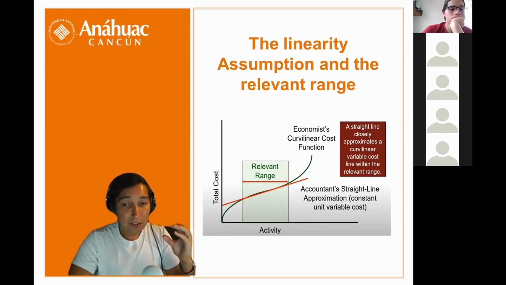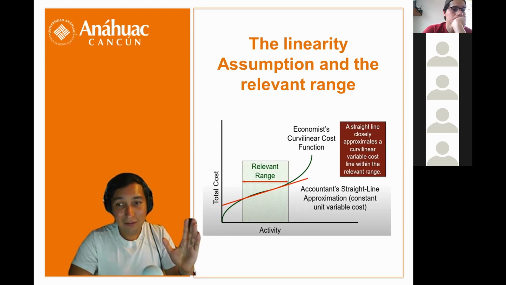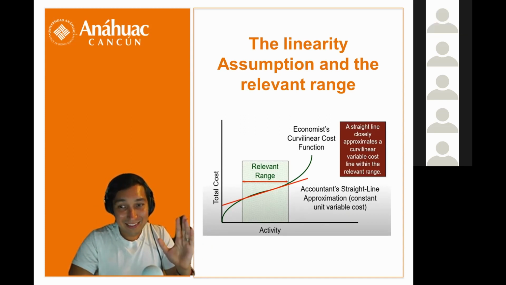Okay, now when it comes to accounting, we look at this curve and we're not into this higher math kind of stuff. There's a math class for that, and we don't much care for doing that. So we're going to draw this nice little red line right through there, which is a pretty close approximation of that curvilinear cost function, and we're going to call the area in the middle the relevant range.